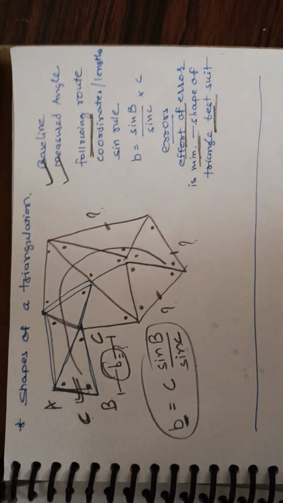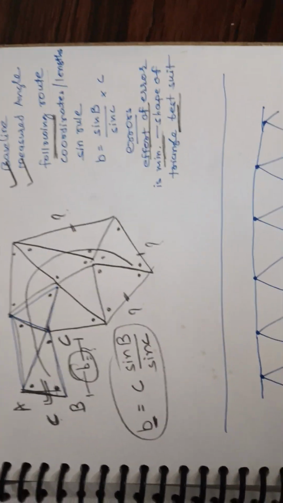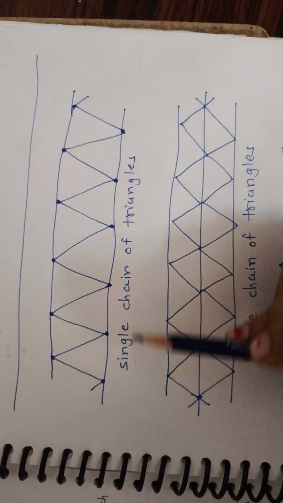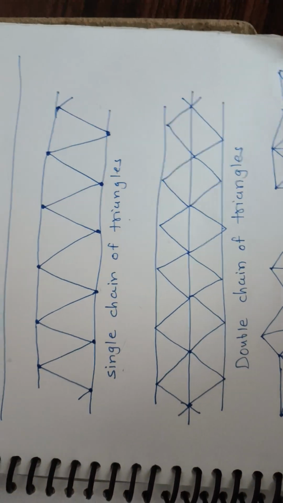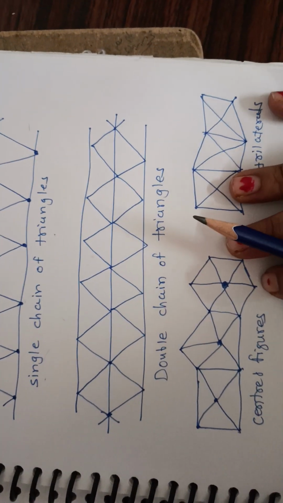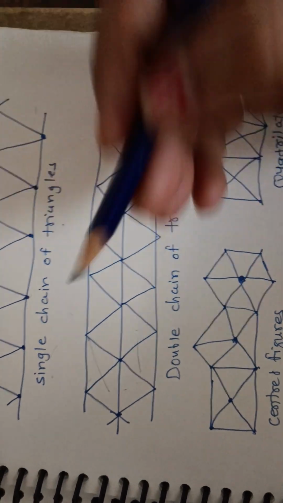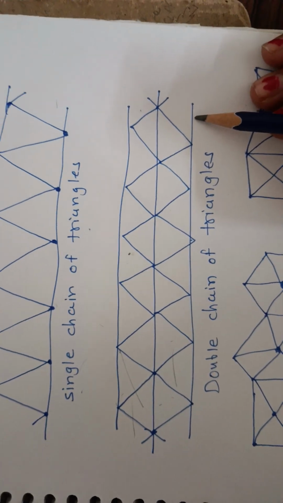Before going into that topic deeply, let's see some shapes of triangulation. This shows a single chain of triangles. You can see the triangles in a single chain. Now this is the double chain of triangles, one here and another here. One chain of triangles is on the upper side, one chain is on the bottom side.